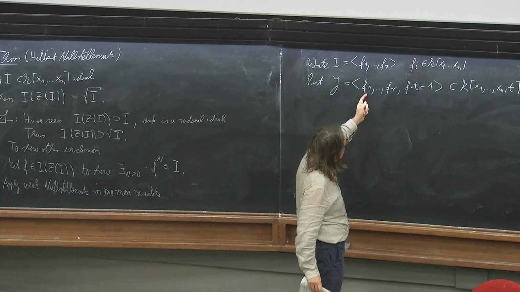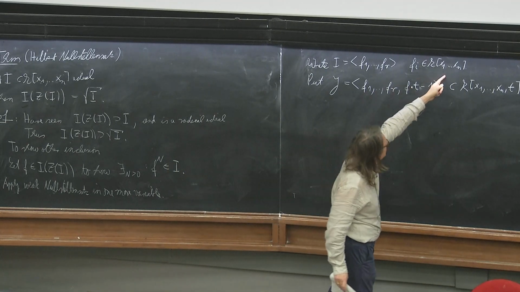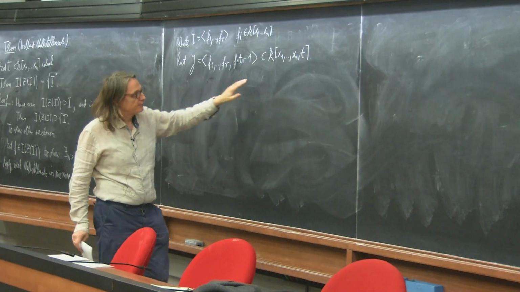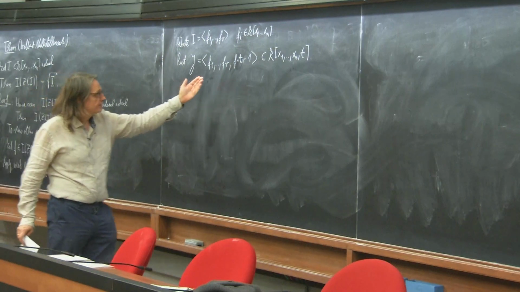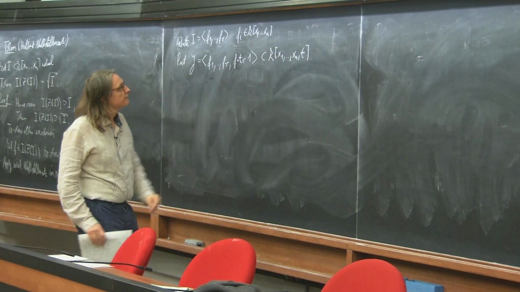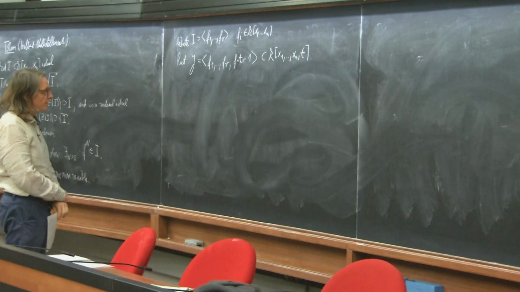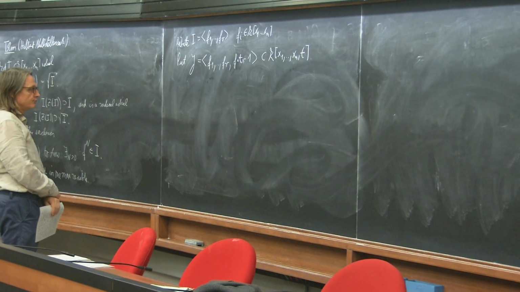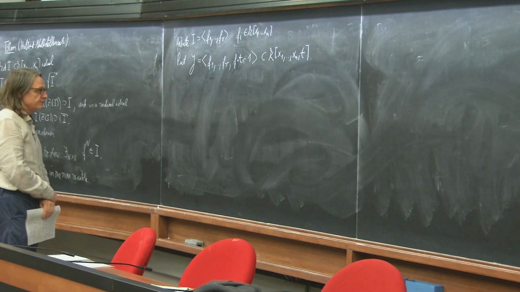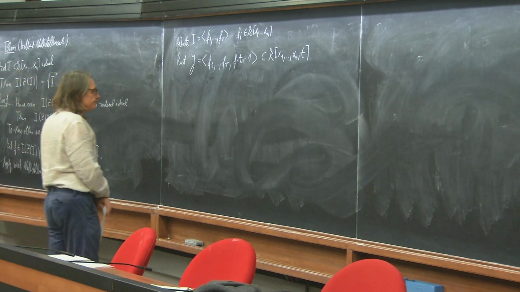Obviously a polynomial in just the first n variables we can view as a polynomial in n plus 1 variables. It just doesn't depend on the last. So these make sense also here. And so, as I said, we wanted to apply the weak Nullstellensatz, so we want that the zero set of this ideal is the empty set.